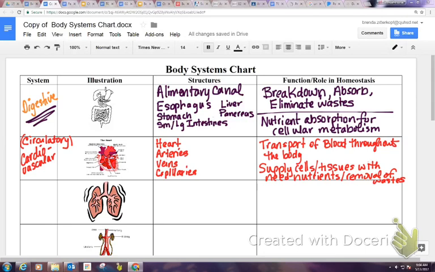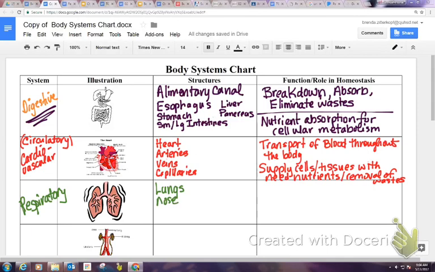Lungs. What system? Respiratory. Structures? Lungs. How do we get the air into the lungs?